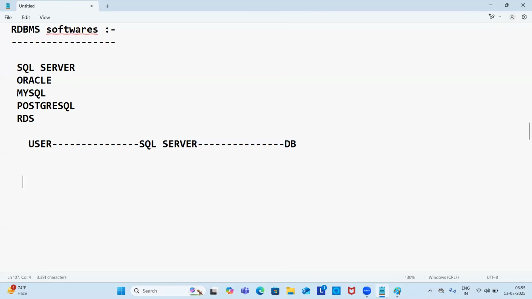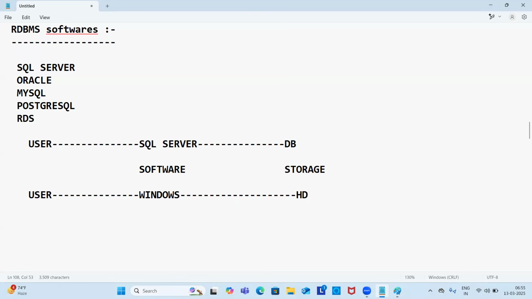The database is like a storage space. Database is a storage, and this is a software. Similarly, the user uses Windows or any OS to work with the hard disk.